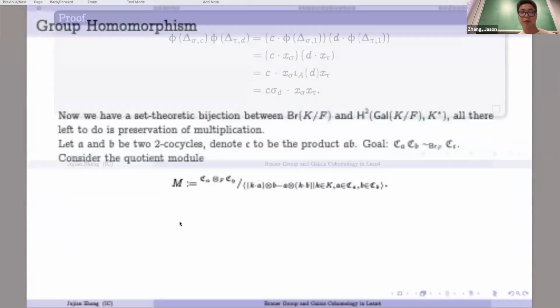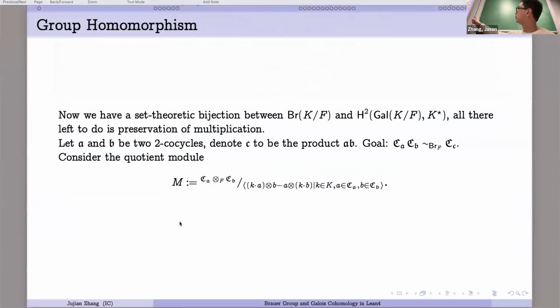it actually preserves multiplication. This will be hard because now if you have two cocycles, then these two central simple algebras are no longer isomorphic. They are only Brauer equivalent.